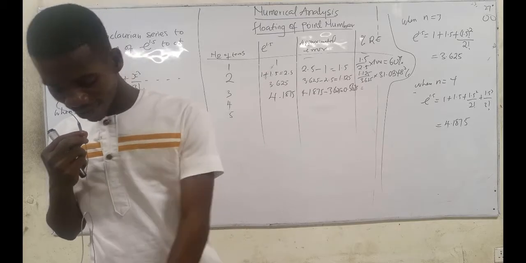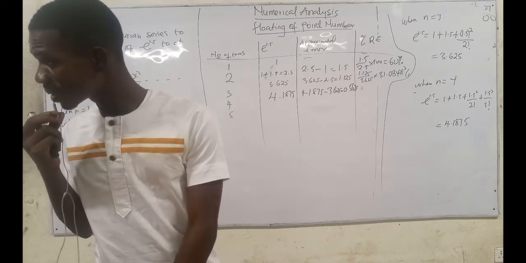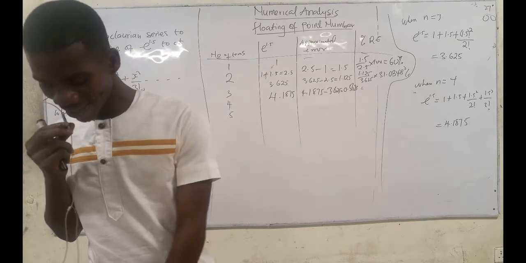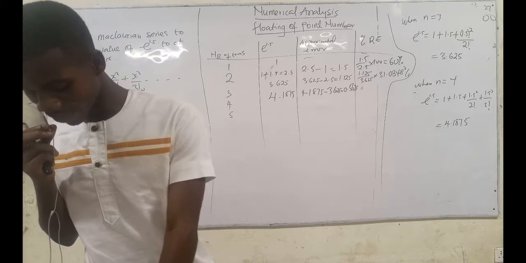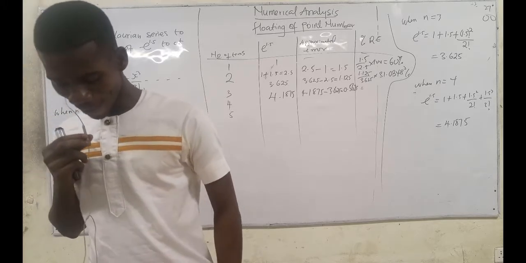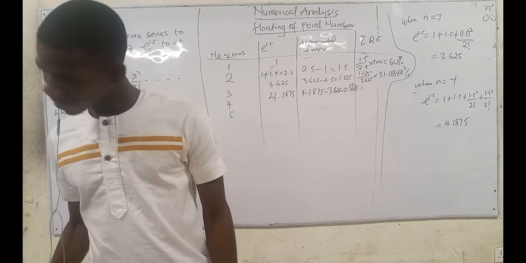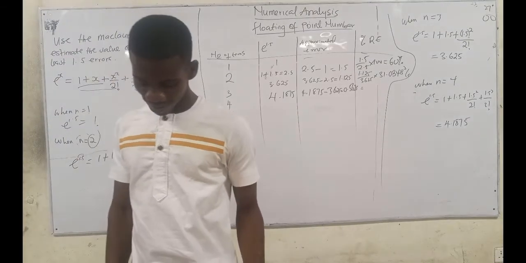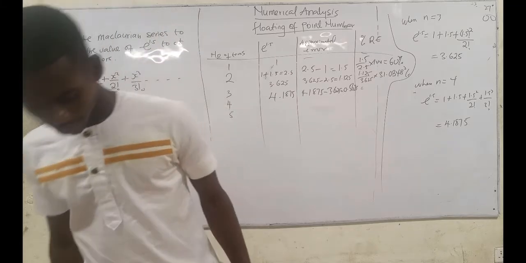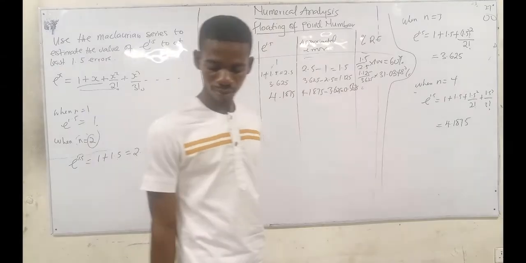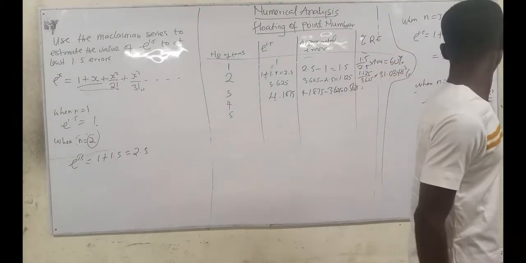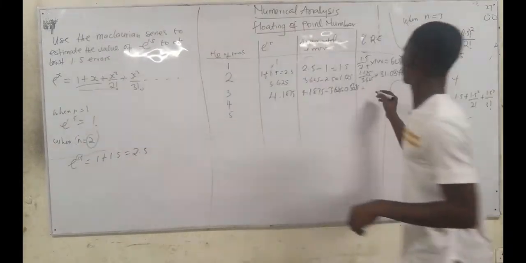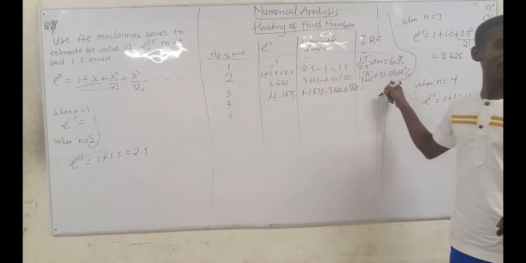Which one do you get? 0.394. The decimal.